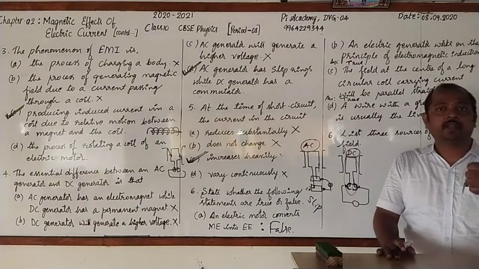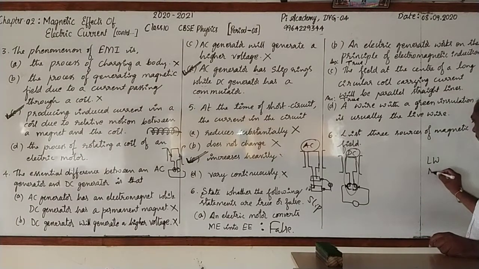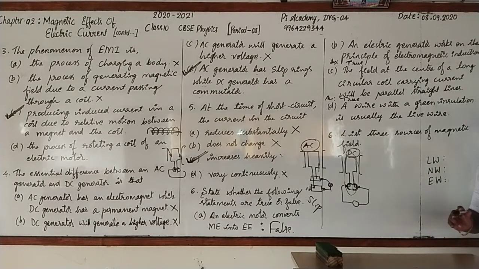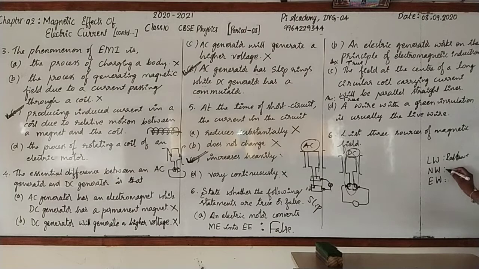These are live wire, neutral wire, and earth wire. And colors that we use to represent these is different from one to one. If it is live wire, we go for either red or brown insulation. Is it not? Then if it is neutral wire, it may be black or blue.